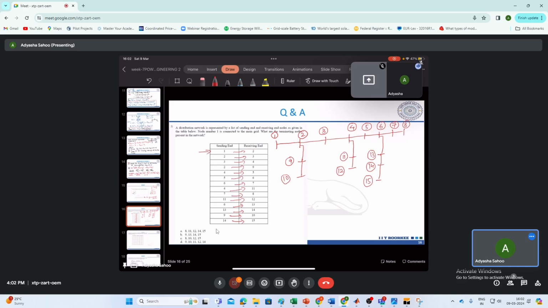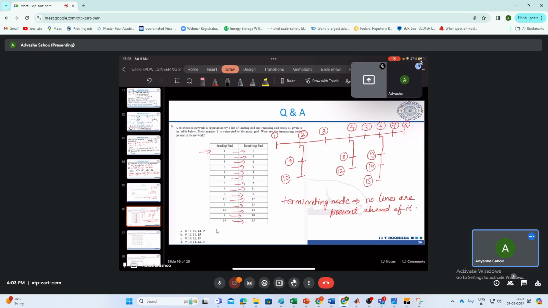So here, a terminating node means no lines are present ahead of it, right? From here you can see which are such.